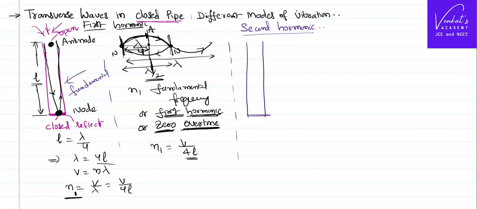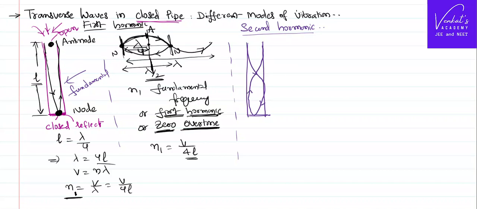But when sound travels through that pipe, it need not travel that way. It can travel in many ways. The other possibility is it could come and hit the bottom here, and then it reverts back like this.